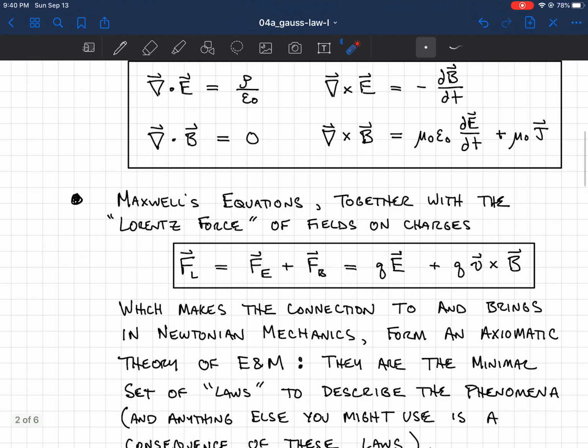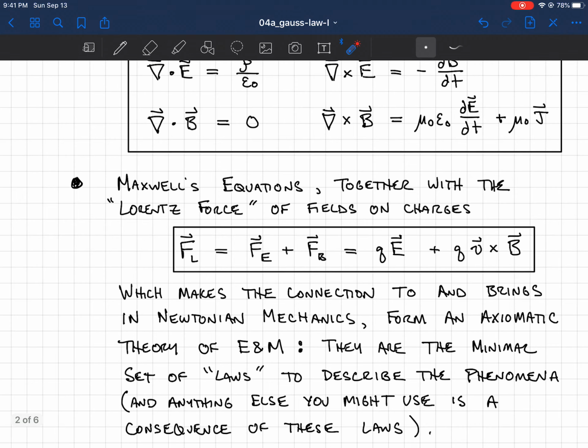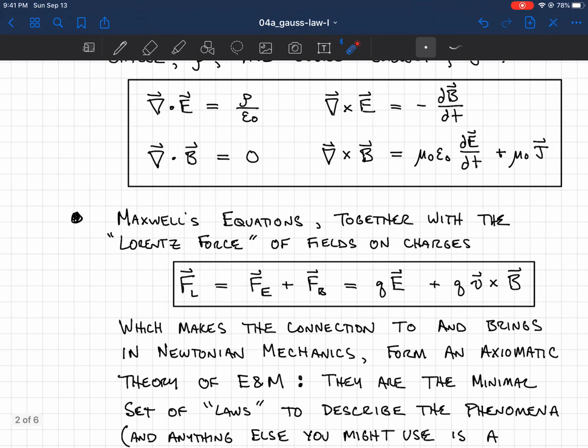And we call that an axiomatic theory, meaning that these are the minimal set of principles, or sometimes they're called laws, to describe the phenomena that you need. In fact, anything else that you use to describe electromagnetic phenomena must come from these laws here. So it's sort of nice to think of a field or a theory in physics as coming from just a few simple principles.